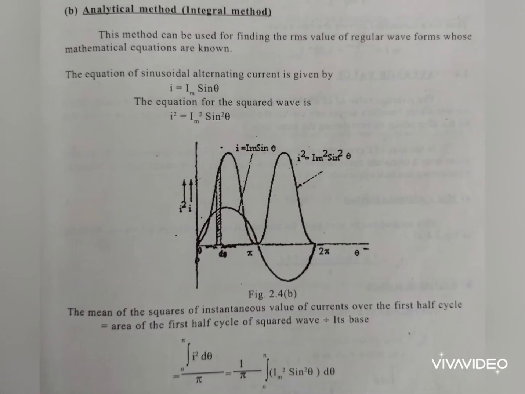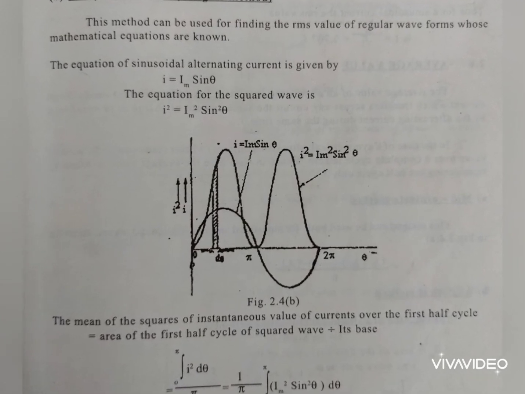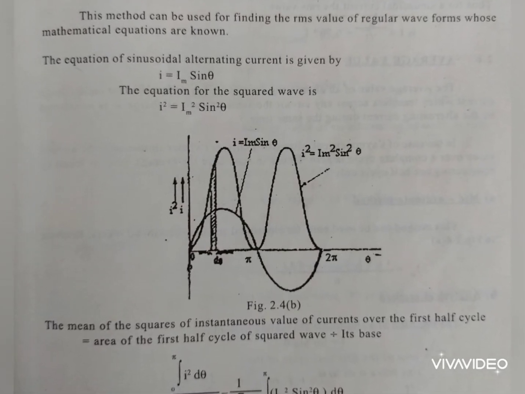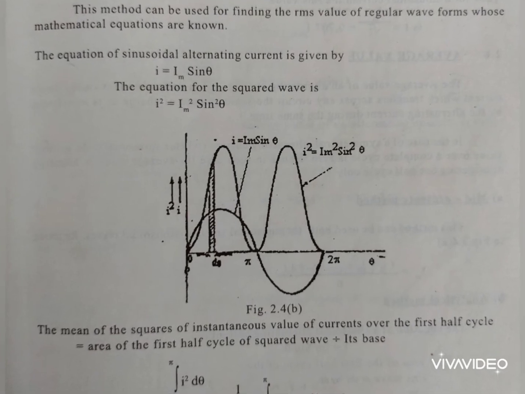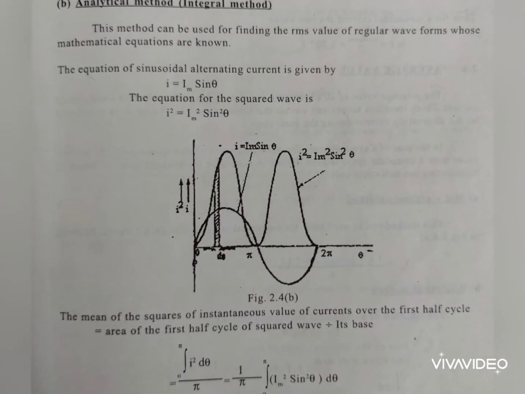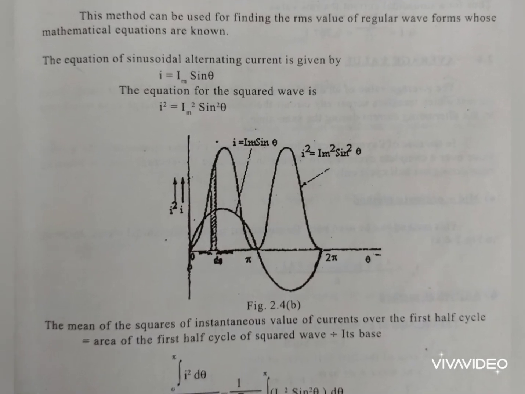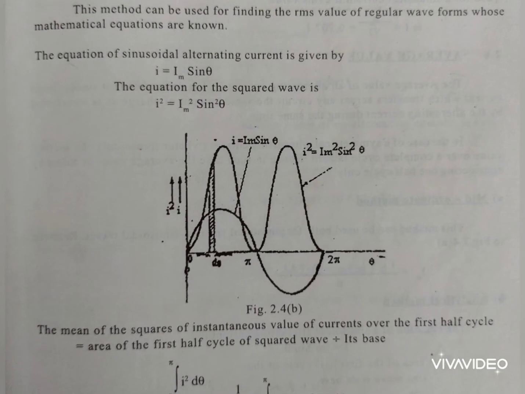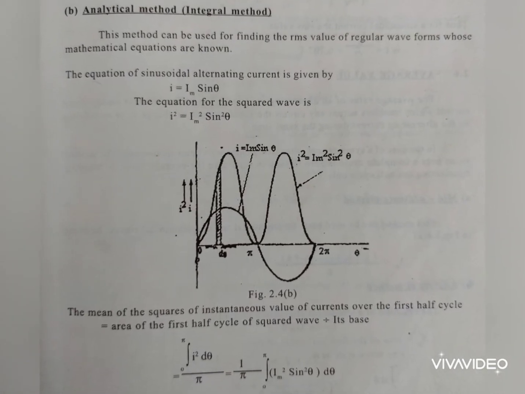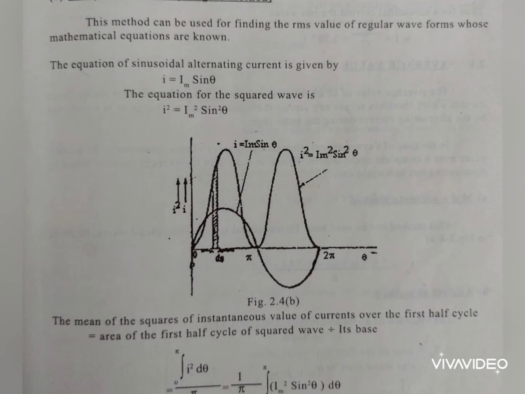The mean of the square of the instantaneous values of current over the first half cycle is equal to the area of the first half cycle of the squared wave divided by its base. That is equal to the integral from 0 to pi of i square d theta divided by pi, which is 1 by pi into the integral from 0 to pi of Im square sin square theta.